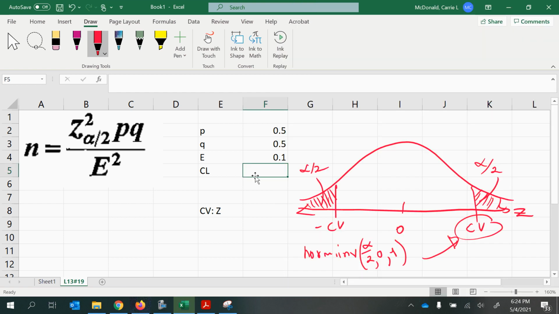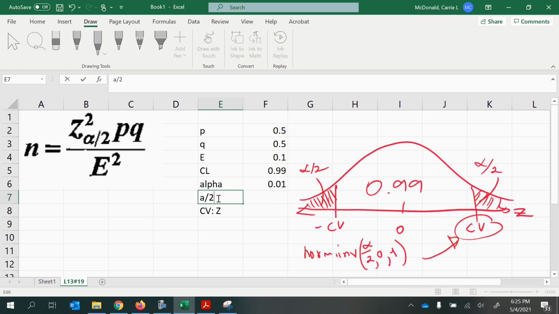So we have 0.99 as the confidence level, so that's 0.99 in the center, which leaves in the two tails alpha, 1 minus 0.99, which is 0.01. And that's the total in both tails, so half of that would be the area in a single tail, so this divided in half, 0.005.